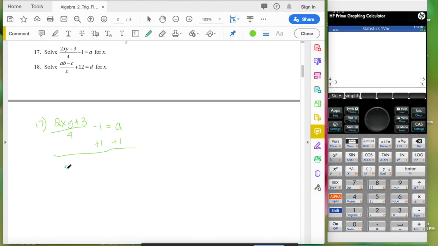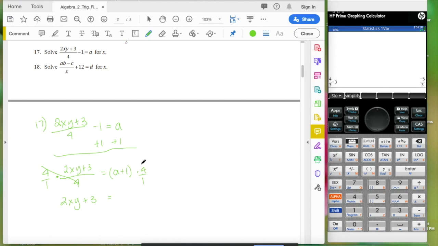And so then we're going to get 2xy plus 3 over 4 equals a plus 1. And then we want to undo this 4. So we're going to multiply both sides by the reciprocal, which is 4 over 1. These 4's cancel out. So then we have 2xy plus 3 equals, now notice this 4 is multiplying by the expression a plus 1.